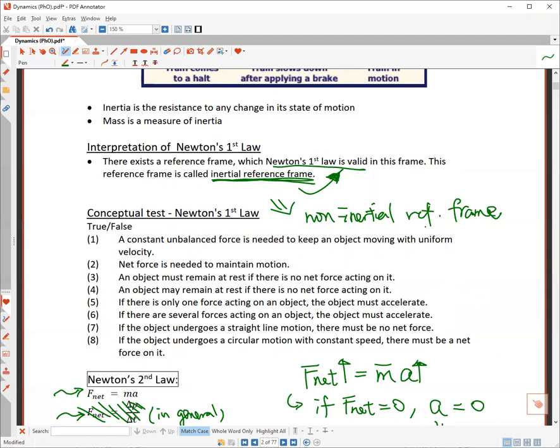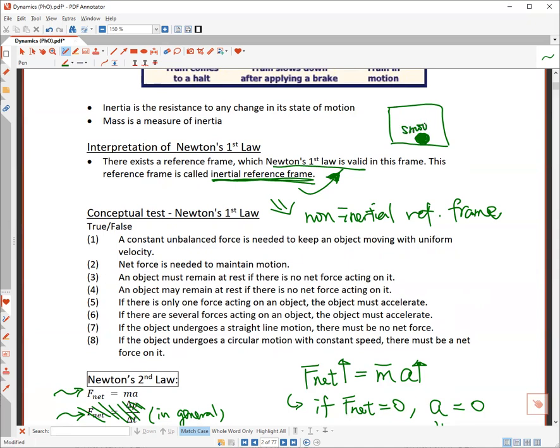That's one example for you, okay, for the non-inertial reference frame. So let's say there's a car on smooth ground, and there is a ball.